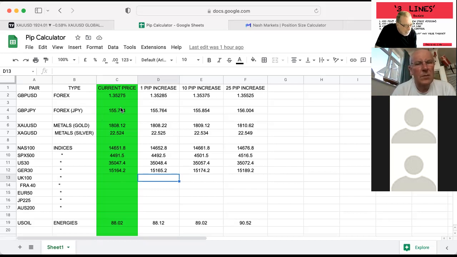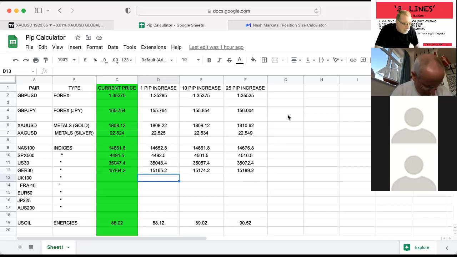It's the second number after the decimal place, so 754 becomes 764 if it increases by 1 pip. On gold, it's the first number after the decimal place, so 1 pip is 12 to 22. I'm going to do this all the way down on all of the pairs that Jeff focuses on in his sessions.